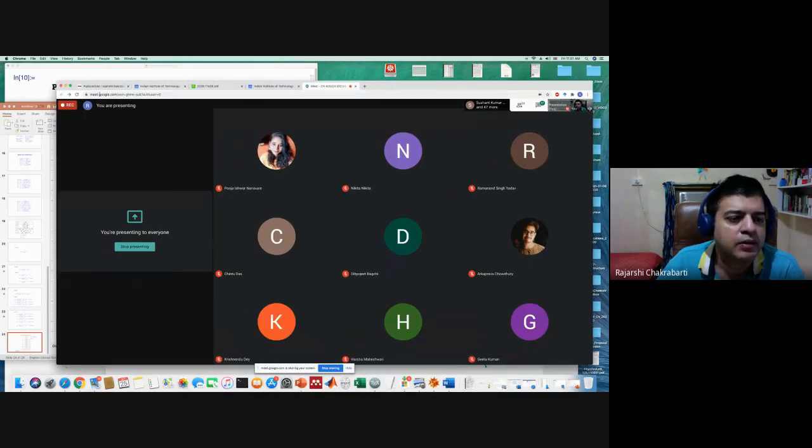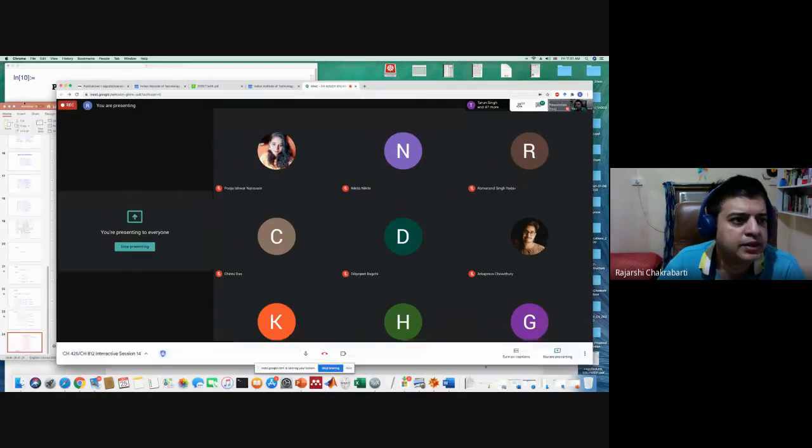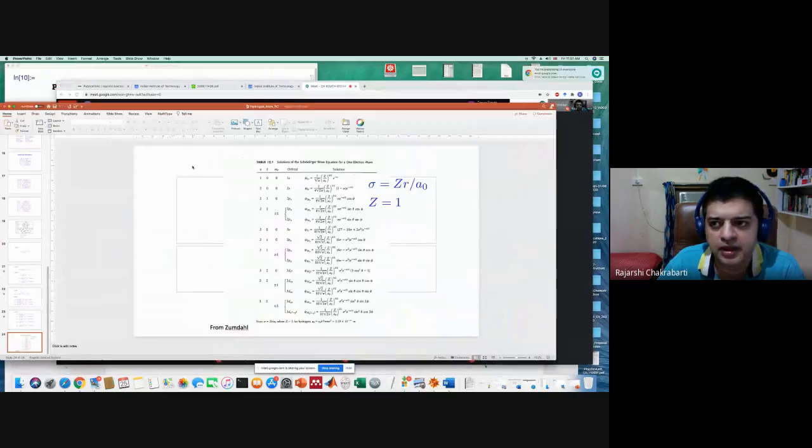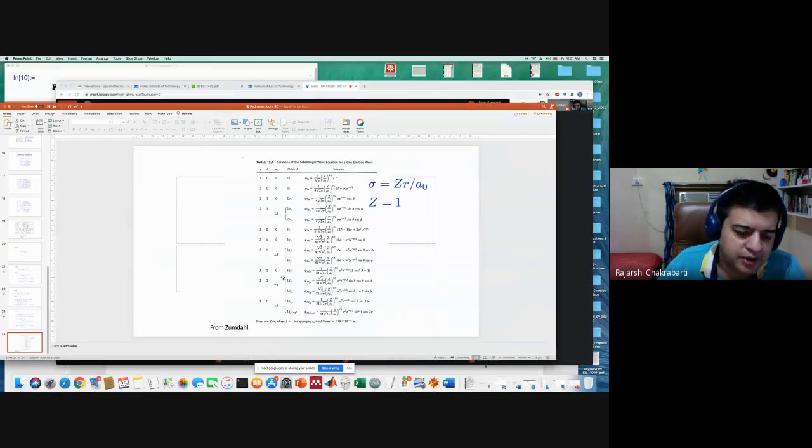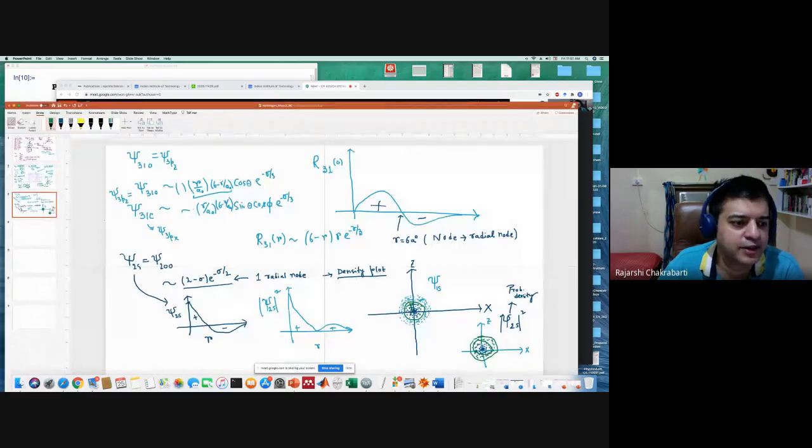Okay. Now let us do one more thing. Let us pick another orbital, something which is called psi 320. Can anyone tell me what is psi 320?